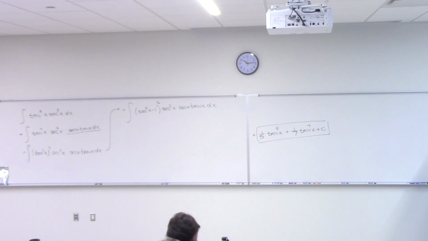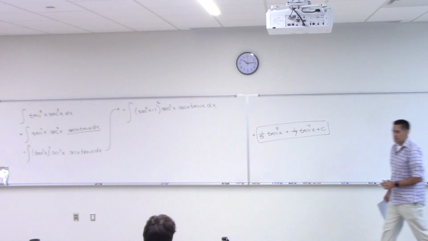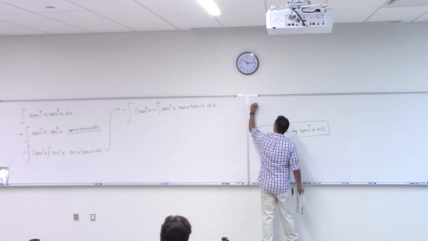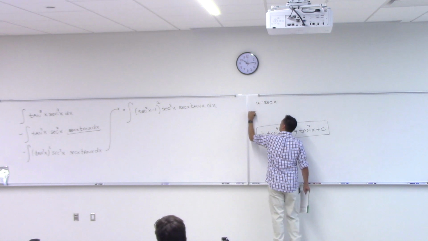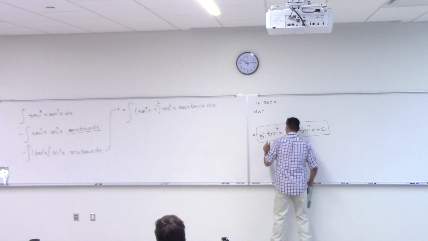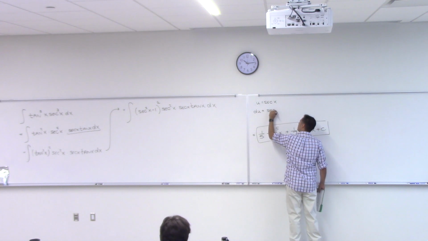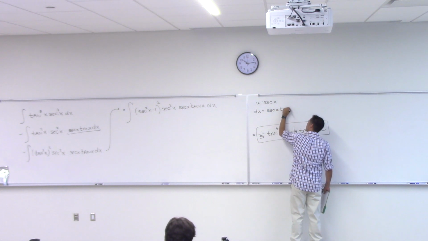Gabriel? How's it going, Gabriel? What's my u sub? Secant x. Okay. So u is secant x. And the derivative of that, Gabriel? Secant x tangent x dx.